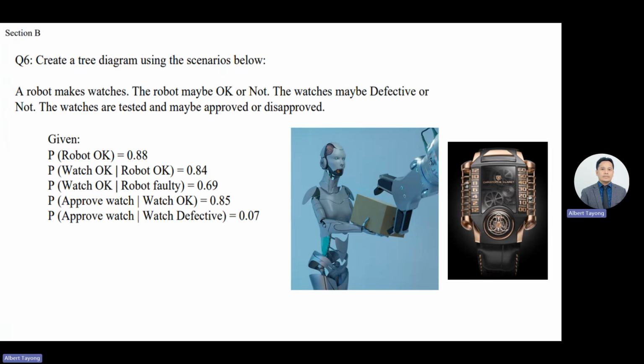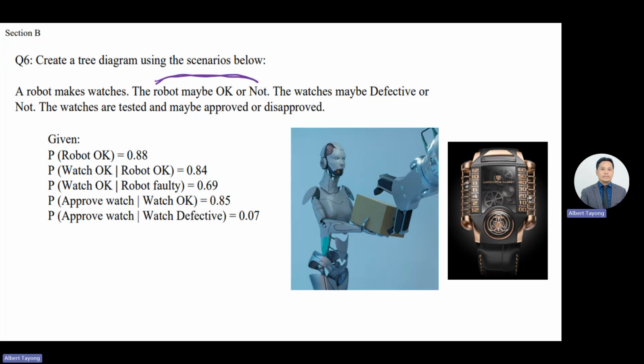Here you're going to create a tree diagram using the scenarios below. So a robot makes watches. The robot may be okay or not, of course. Nowadays, most of the manufacturing companies employ or use robotics to manufacture products.